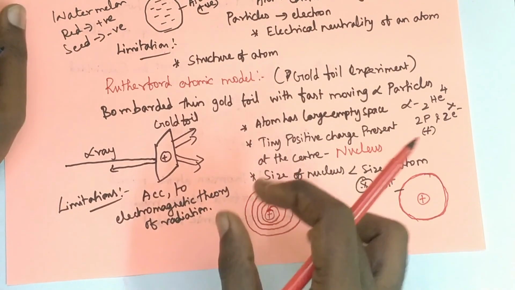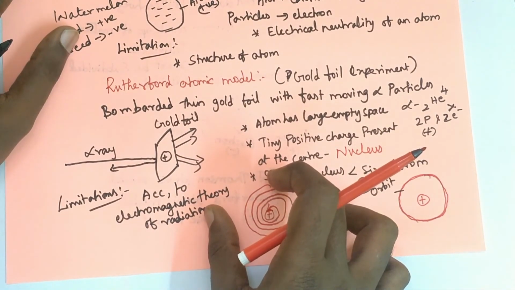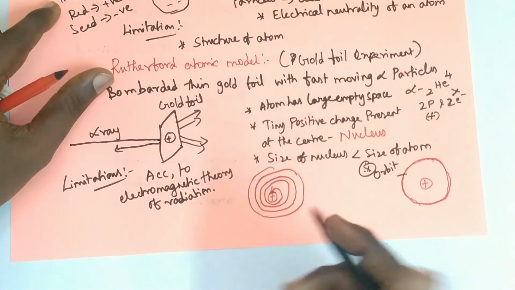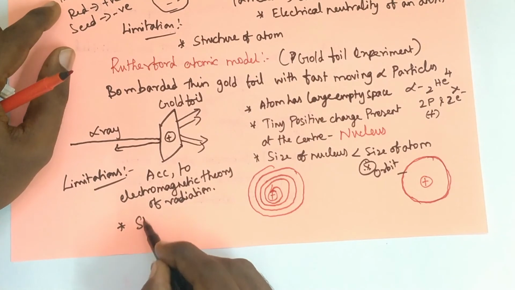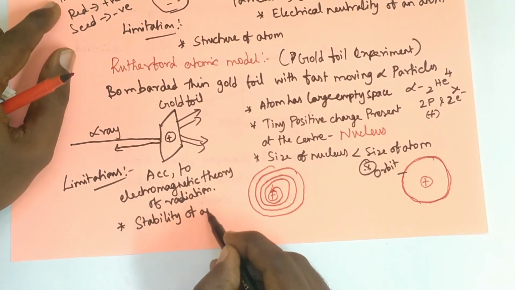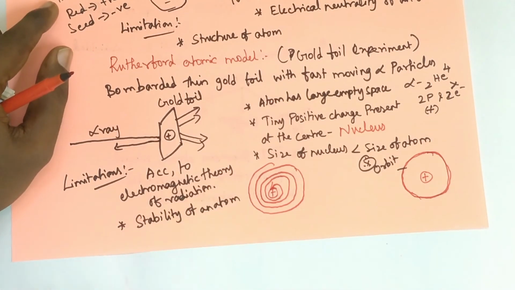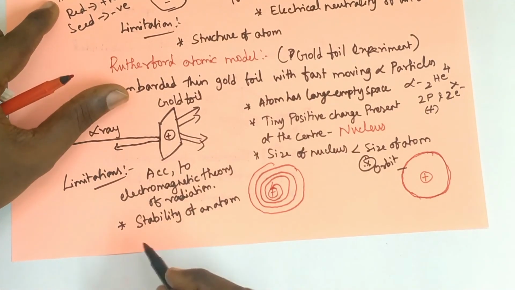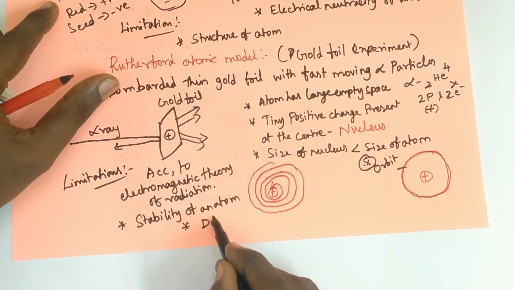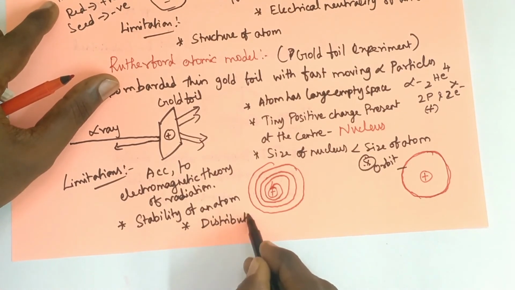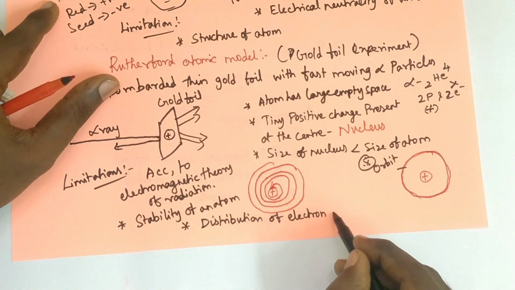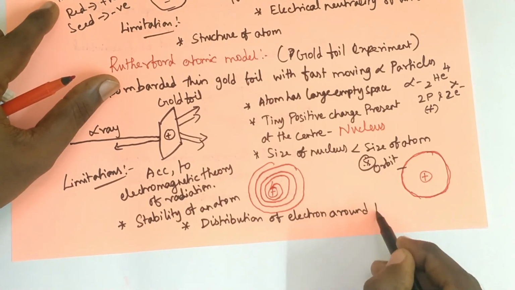But this does not happen in the Rutherford atomic model. So it has two limitations. One is that he failed to explain the stability of an atom. Another, important limitation is that he failed to explain the distribution of electrons around the nucleus.